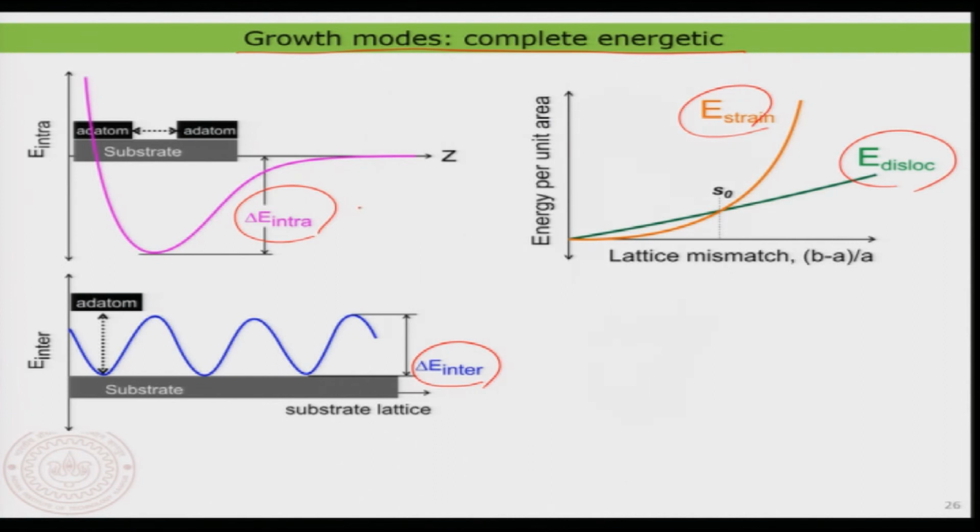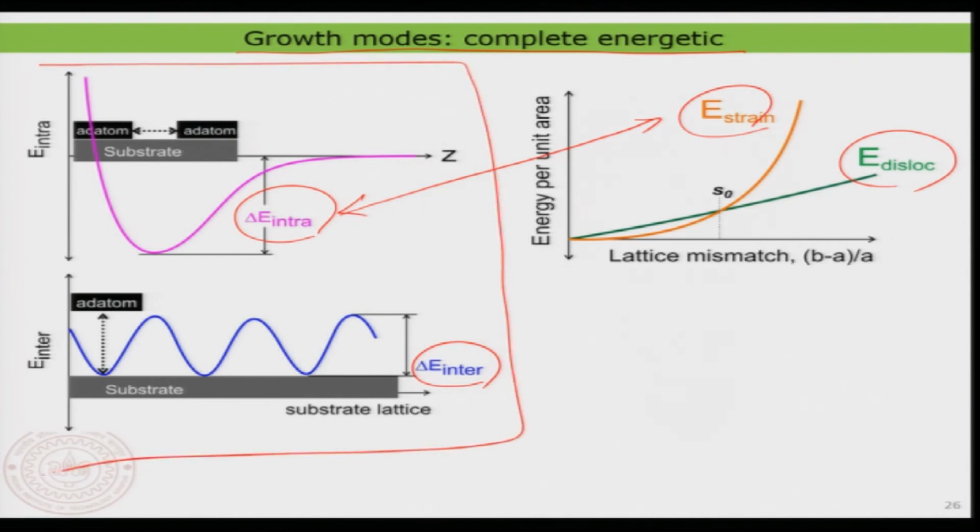Well, you will see that the E strain and the E intra are closely related, as I have already told you, but at the end of the day you can still treat them slightly differently, because I am going to treat this part as a case of low coverage, and everything together in this slide is going to be considered for a general case, or also a case where you have several layer growth.